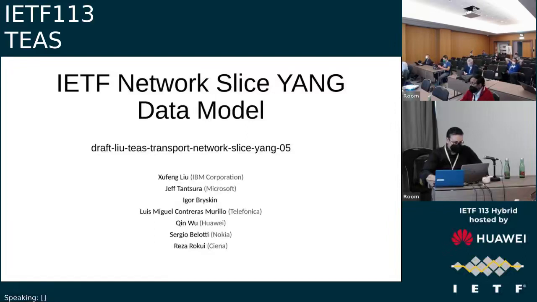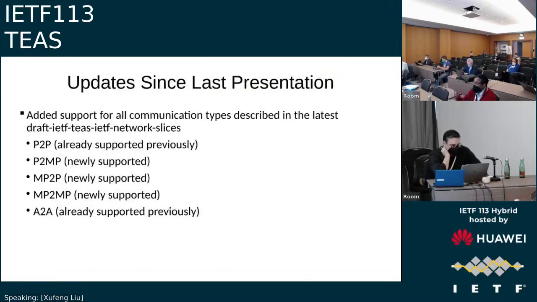Okay. This presentation is a quick update to this document, which is a service delivery model for network slicing. With the existing document, the current data model could support certain types of communication.